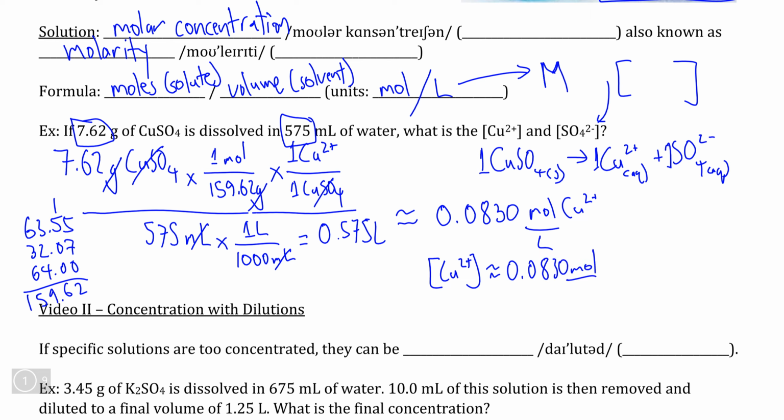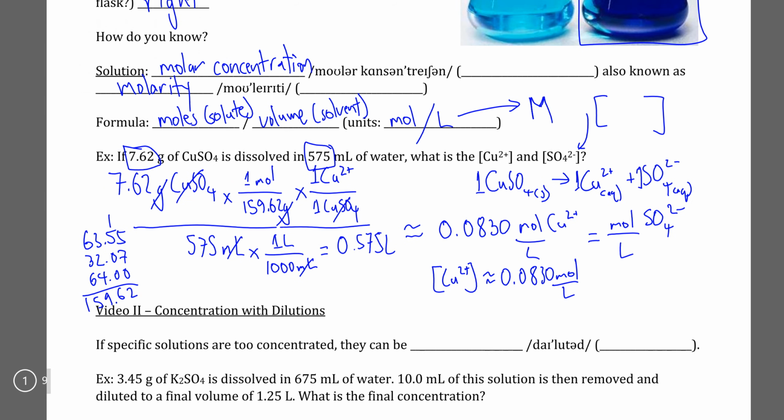0.0830 moles per liter. Now, we're actually done the question because we know that our moles of Cu2 plus and our moles of SO4 2 minus are going to be equal, which means we can simply say that this number is equal to the concentration of Cu2 plus, which is also equal to the moles per liter of SO4 2 minus, and we have successfully identified the concentration of both.